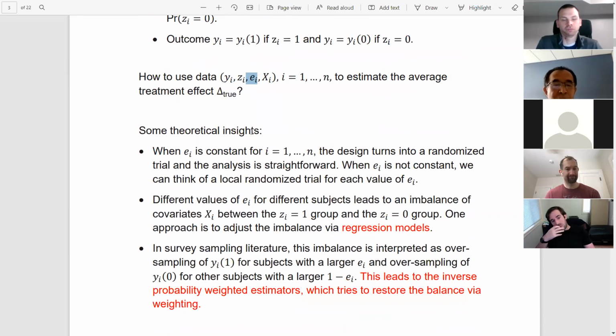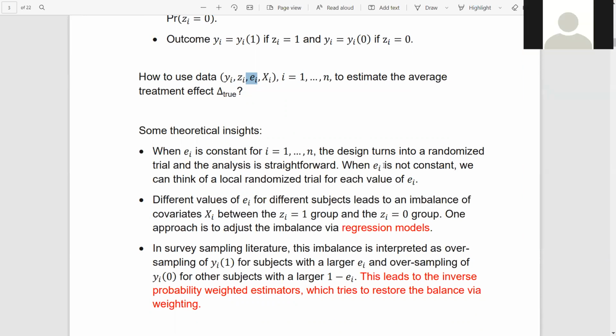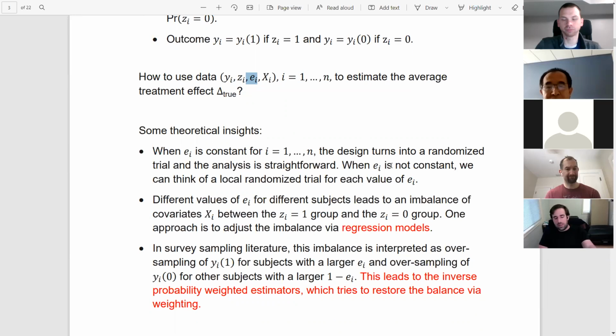Now, some theoretical insights that helped me. If all these individual propensity scores are the same, then the design turns into the usual randomized trial, so the analysis is straightforward. But what happens if ei differs from subject to subject?